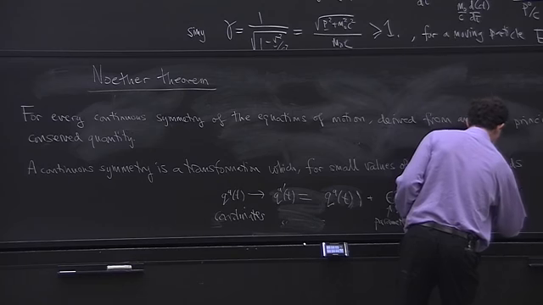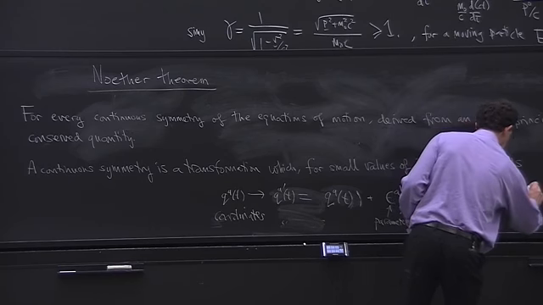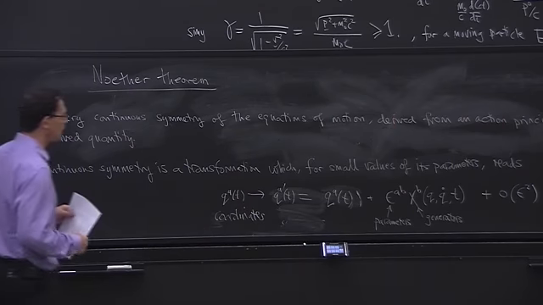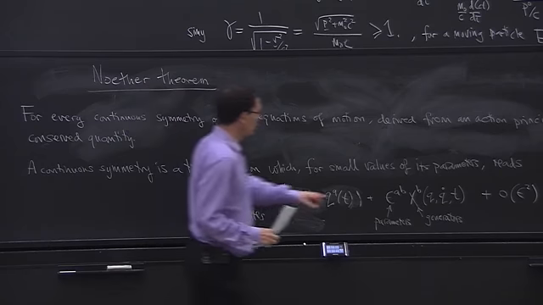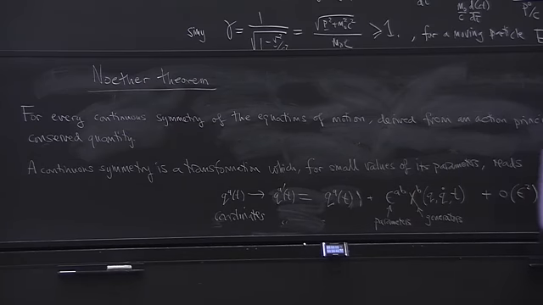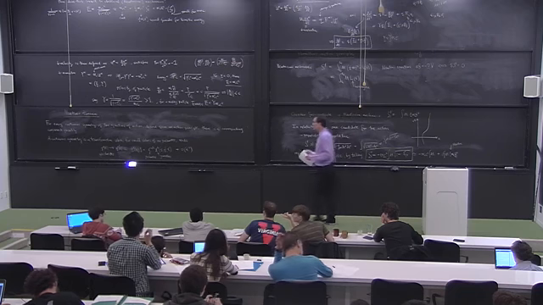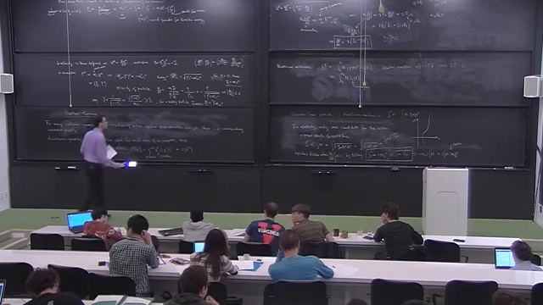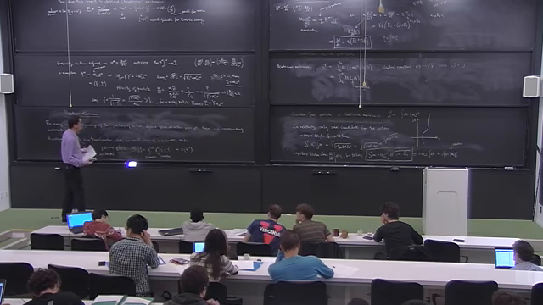So the symmetry, in general, if you work to higher order, there would be effects involving epsilon squared and epsilon cubed and so on. But Noether's theorem is a statement which relates these infinitesimal transformations to conservation laws.